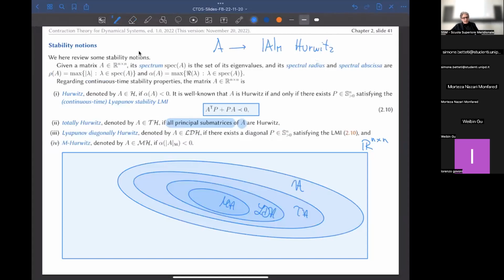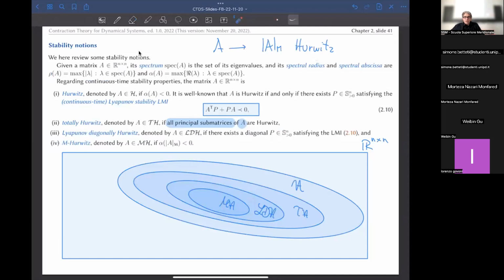So I have defined 4 notions of stability of matrices, and I have drawn a Venn diagram for you. I basically already told you, if a matrix is MH, then it's also LDH. If a matrix is LDH, then it's also TH. And of course, if a matrix is TH, then it's also H, because the matrix itself is a principal submatrix, where you remove no indices. Does that make sense?